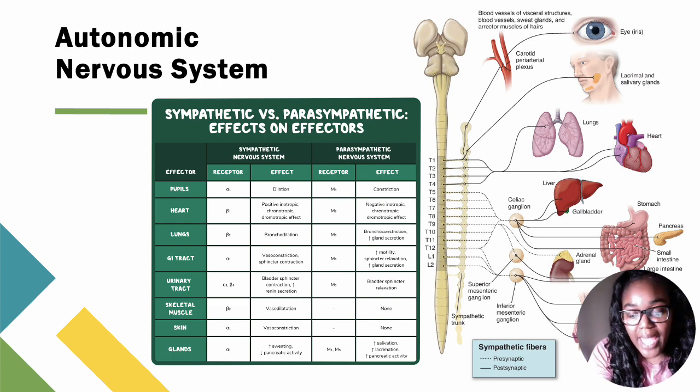And then your pancreatic activity is going to go down. If you know anything about the pancreas, it helps to secrete insulin, which helps to store glucose. Well, this is a time where we don't want to store our glucose. Insulin directly affects our glucose stores.